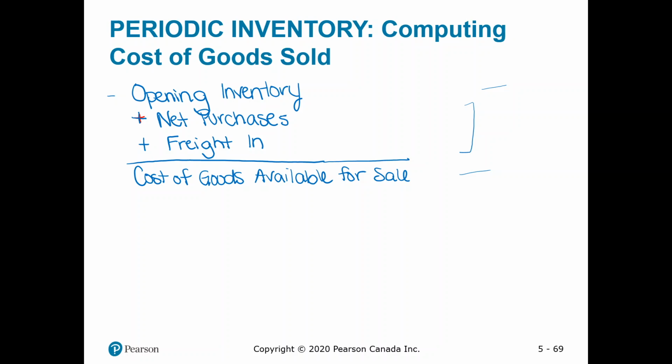So we know ending inventory, and we're trying to calculate cost of goods sold. So we subtract our ending inventory amount, and that gets us to our cost of goods sold.